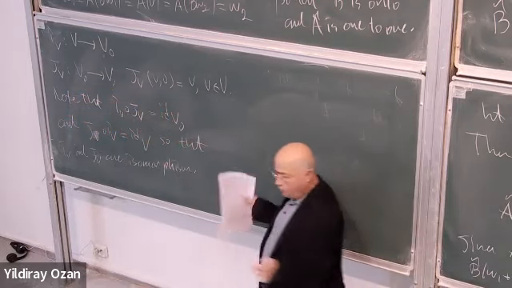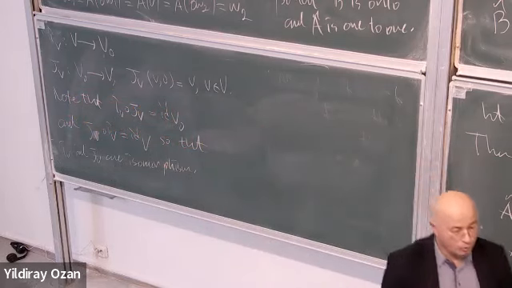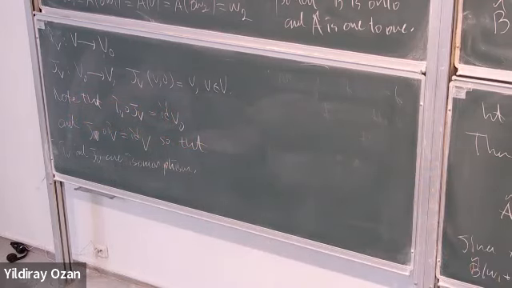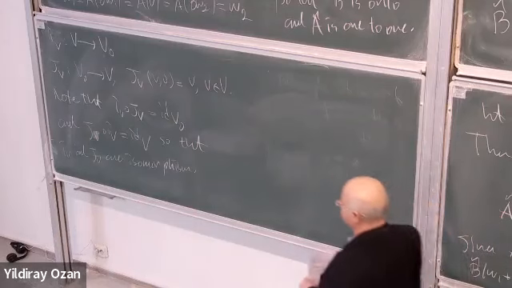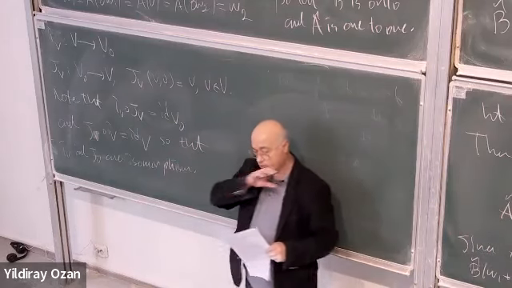And they are both 1-to-1 onto, and they are both linear maps. If one of them is linear, the other one is automatically linear since they are inverse of each other.